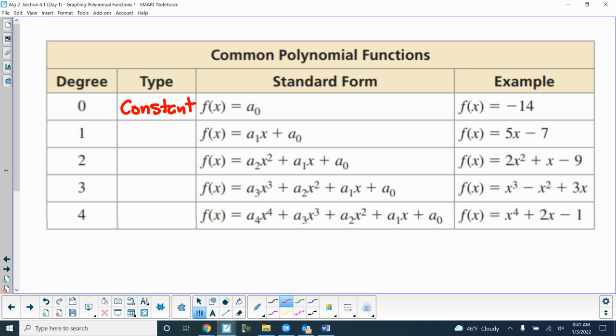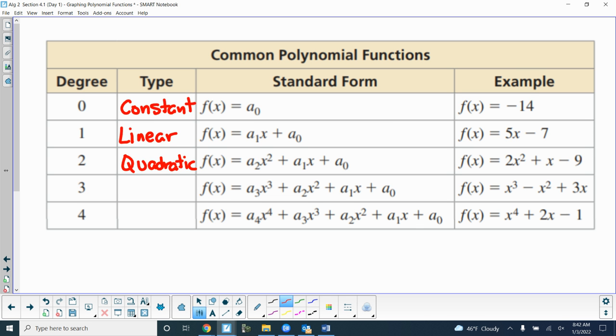When our exponent is a 1, like this, 5x to the 1st, we just never write the 1st power, minus 7, that's linear, which we've talked about already. And then here's 1x to the 2nd. We've been talking about these already a lot this year too. Quadratics, you already know those.